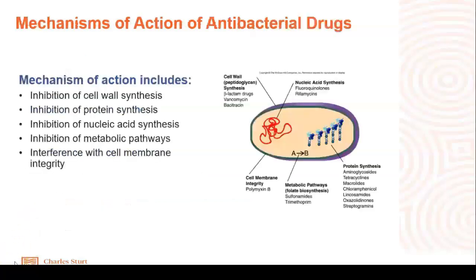Firstly, though, looking at the mechanisms of action of antibacterials or antibiotics, this does vary depending on the class of antibiotics. Some classes inhibit cell wall synthesis. These include the beta-lactam drugs, the penicillins, vancomycin, and another antibiotic called bacitracin.